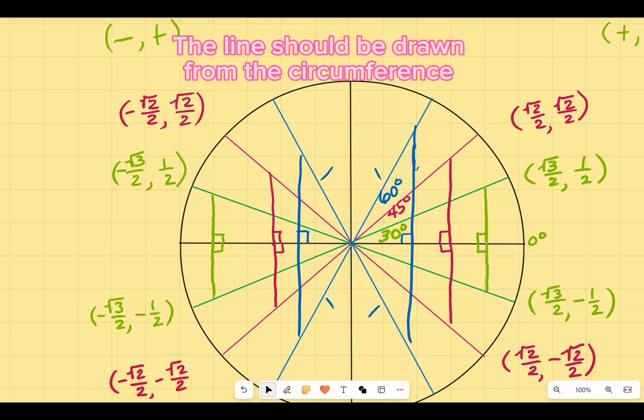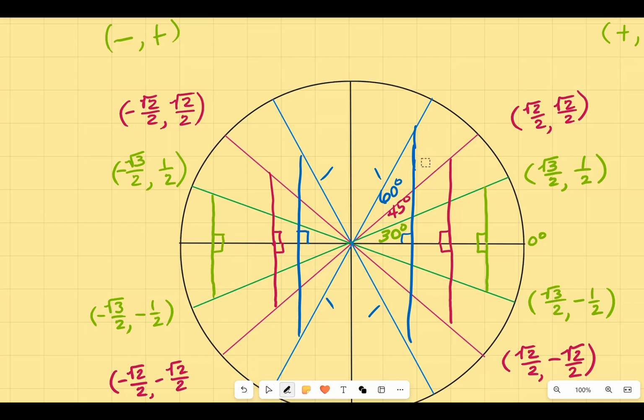All right, so for the blue one, if I'm trying to find this side, I can use sine of 60, and that's going to give me root 3 over 2, and that represents my y value. And for my adjacent side, this side here, I can use cosine of 60, and that's going to give me 1/2.